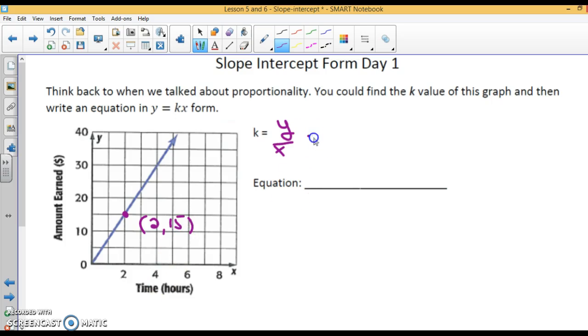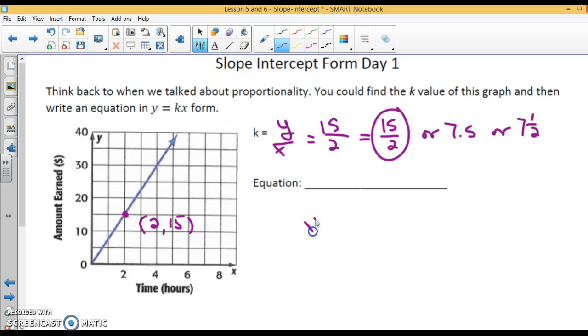So, k will be 15 divided by 2, which I'm going to leave as 15 over 2. You could make it 7.5 or 7 1/2. But I'm going to make a point here. When you are talking about a slope, you are always going to leave it as a fraction, and if it's improper, leave it in that form. So, our equation of this line is y equals k, which is 15 halves x.